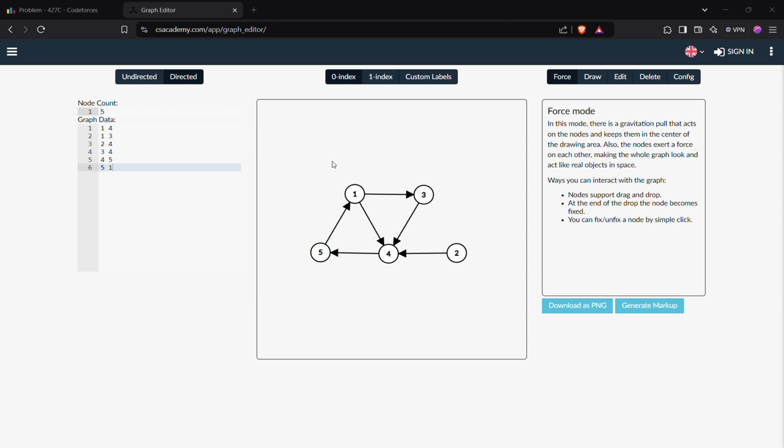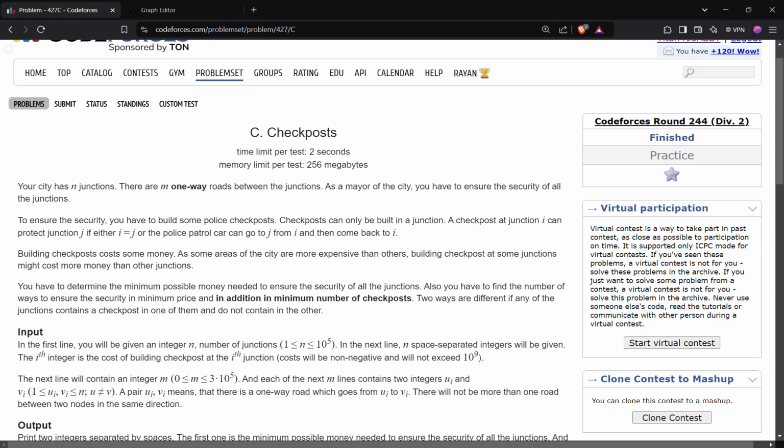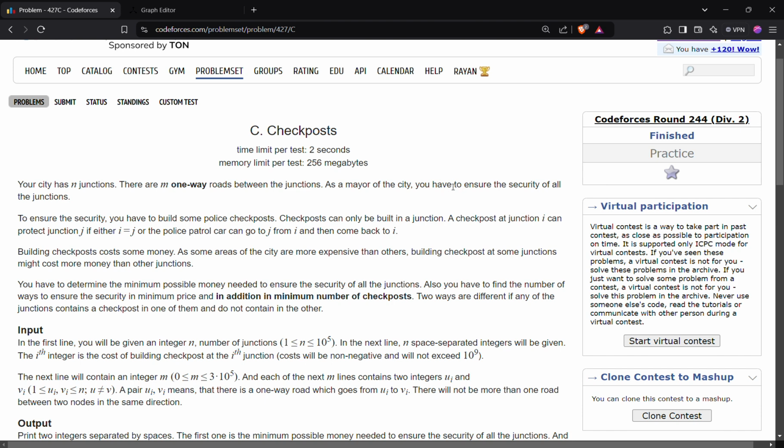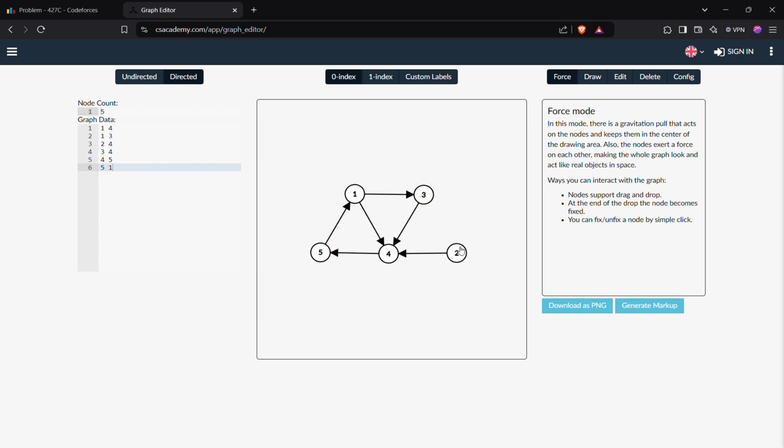Okay, so by looking at this graph, what we can notice is that we must establish a checkpost here. Okay, we must ensure that there is one checkpost here.